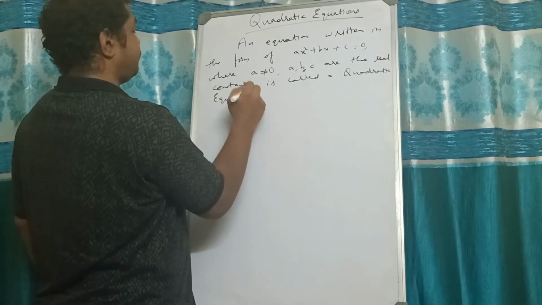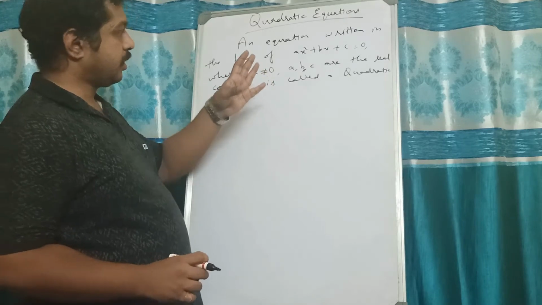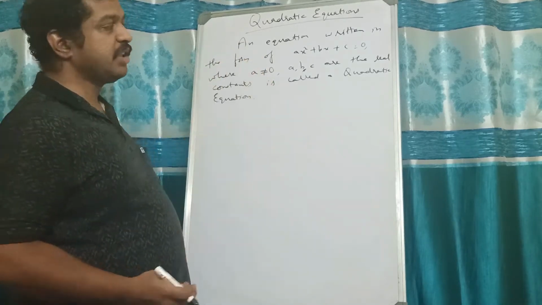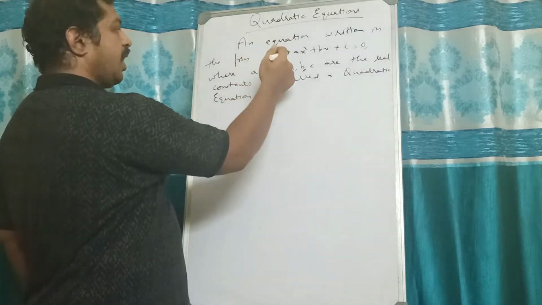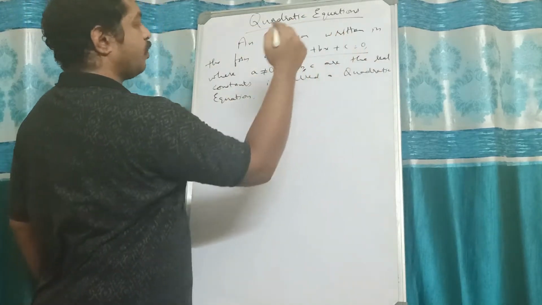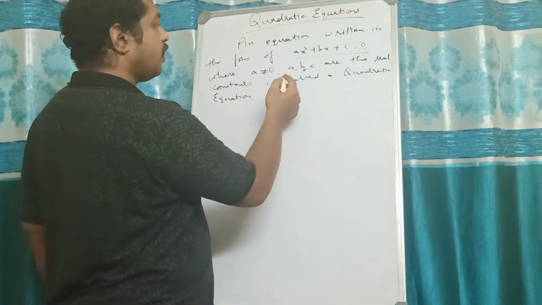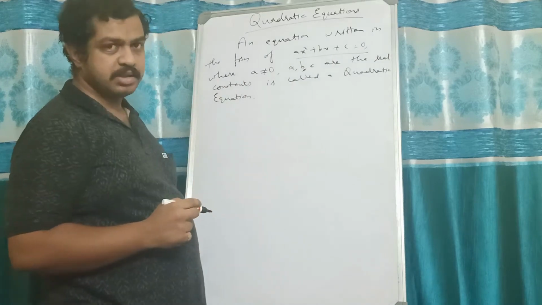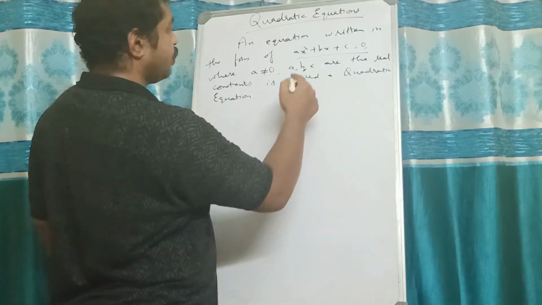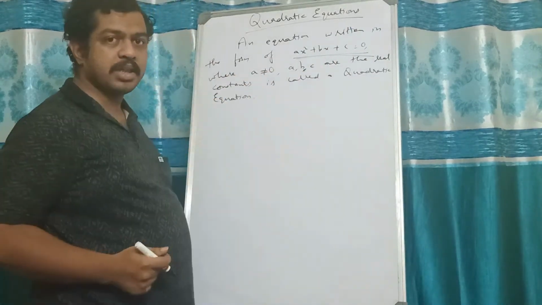So what does the actual definition say? It says that an equation that can be written in the form of ax squared plus bx plus c equal to 0, where a should not be equal to 0, and a, b, c should be real constants, will be called a quadratic equation.